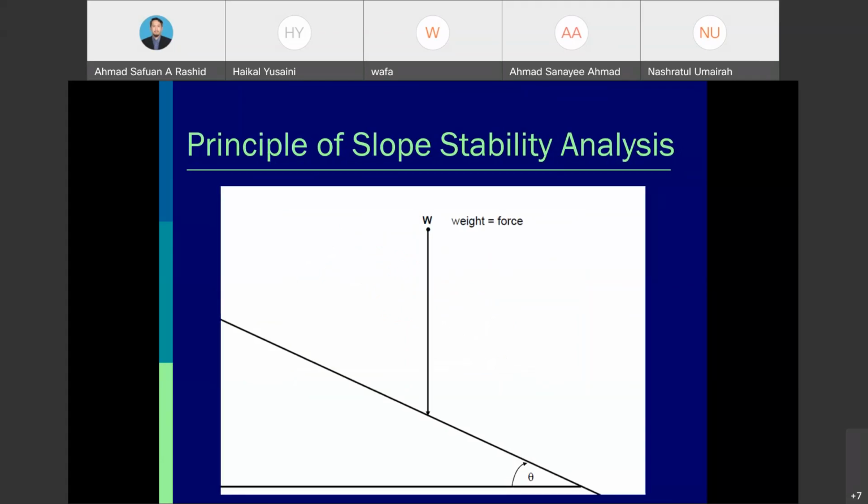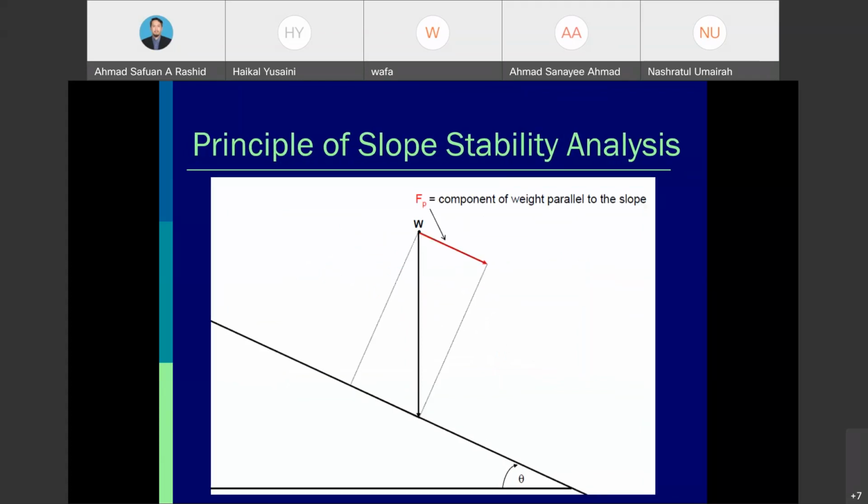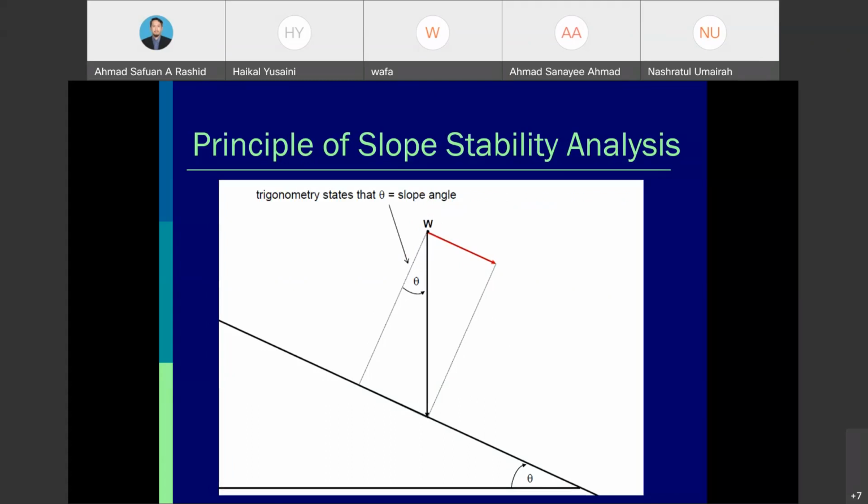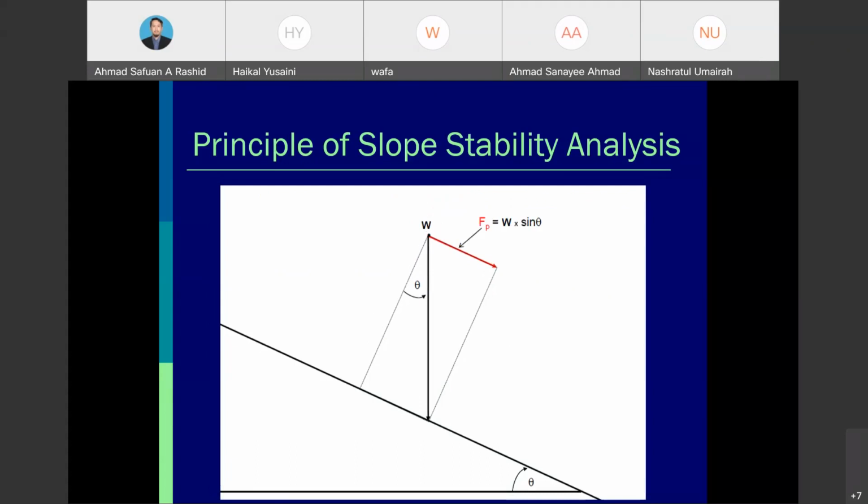The weight is actually a force, so we resolve it into FP, the component of the weight parallel to the slope. Here we refer to the theta value, the slope angle, based on trigonometry. Then FP is considered as W times sine theta.